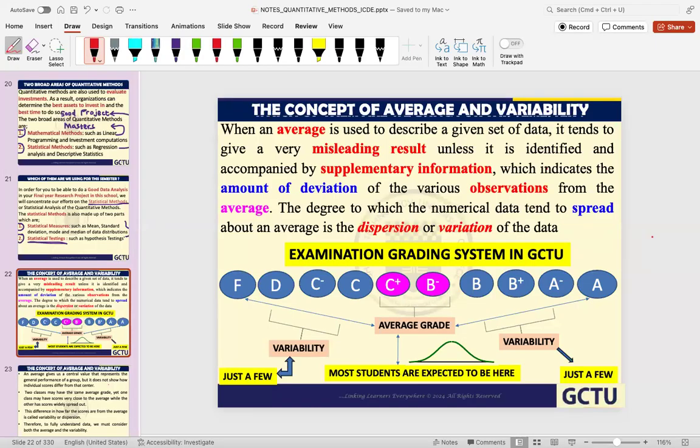So look at it from left to right. Okay. So it's basically showing you that we are moving from the lowest to the highest. And the lowest is F. The highest is A.